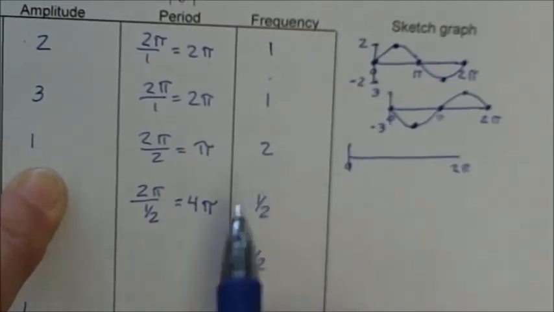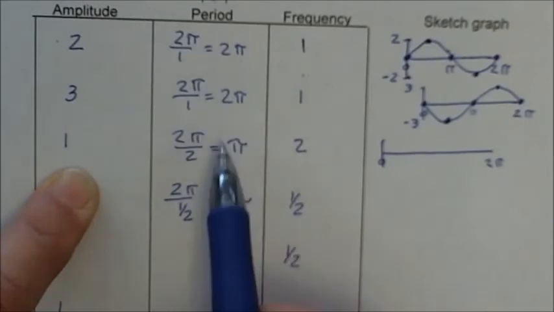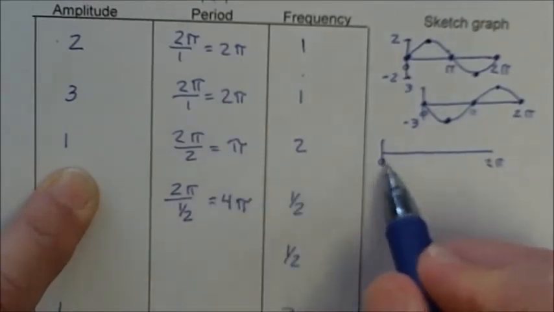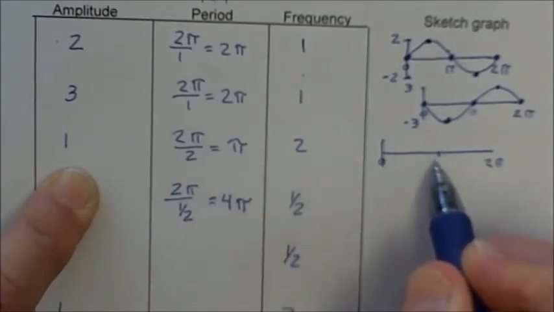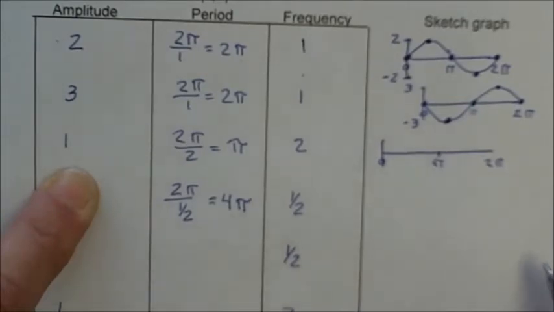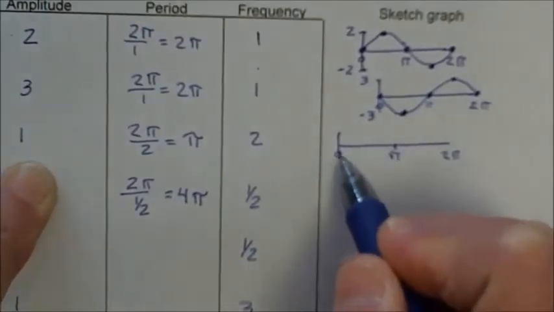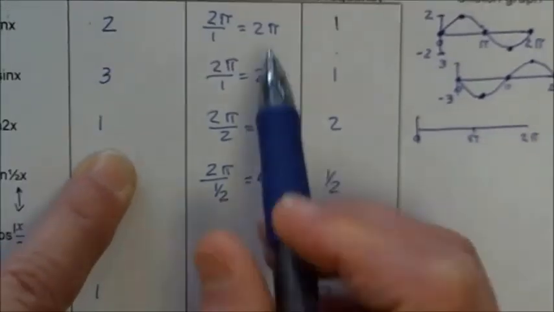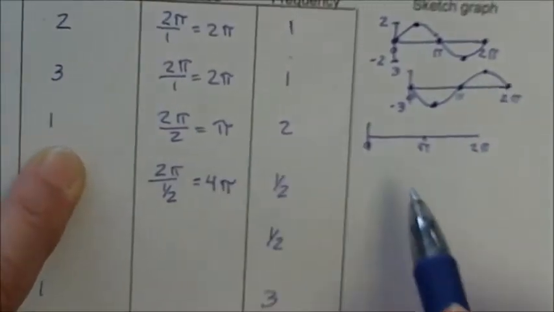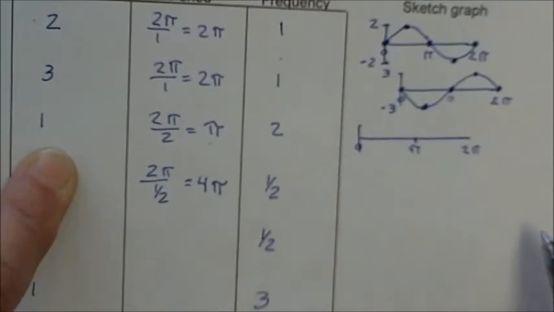If I'm looking to graph just one period, one complete cycle, then from 0 to pi, I should have one complete sine curve. Our period is pi. So from 0 to pi, one complete sine curve.